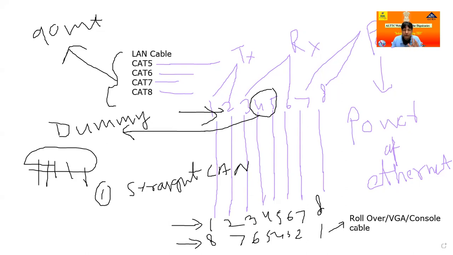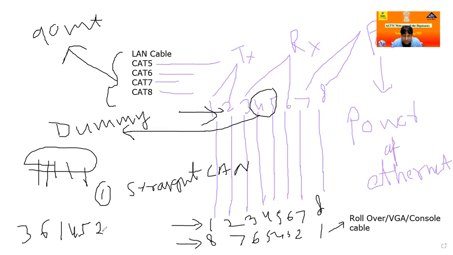Now the third type of cable. Only transmit and receive will be interchanged. Pins 1 and 2 may go to 3 and 6, and 3 and 6 go to 1 and 2, while 4, 5, 7 and 8 remain in the same location and don't change.